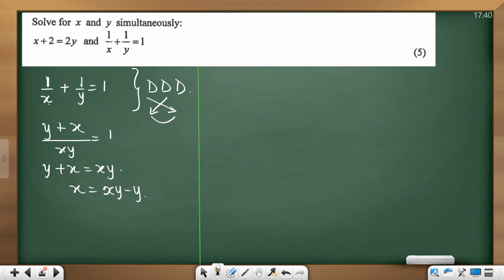Check. Simple maths. X is now equal to xy minus y. That is done there. What do I do? I throw it in. X plus 2 equals to 2y. What is my x? Oh, by the way, no. Something is wrong. I cannot have x and y on both ends. I must either have x or I must have y.